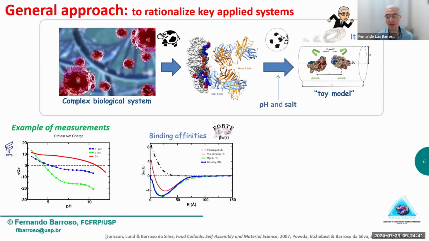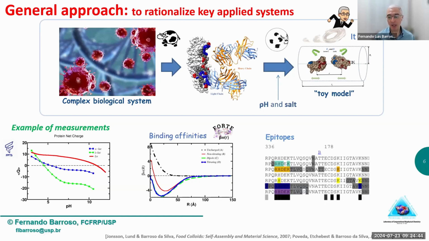And in the case of the antigens and antibodies, we are, of course, interested in epitopes and paratopes, both at the sequence level and at the surface level. So, as you can see, using this approach to build up models specifically to address one question, we can generalize the approach. And as soon as we are talking about the interaction of a pair of molecules, we can adapt it to different systems.